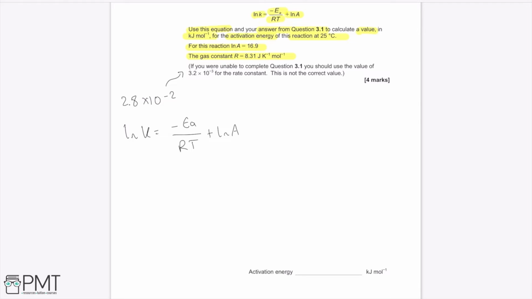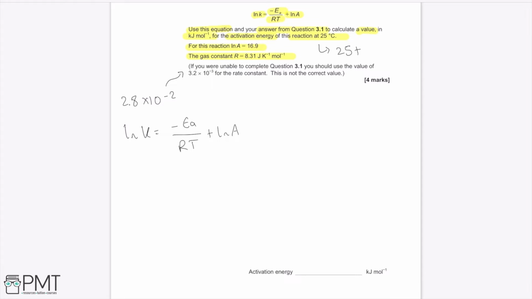Next, we need to convert our 25 degrees Celsius into Kelvin, and we know this because our gas constant has units of joules per Kelvin per mole, so we know that the temperature is going to be measured in Kelvin as opposed to degrees Celsius.